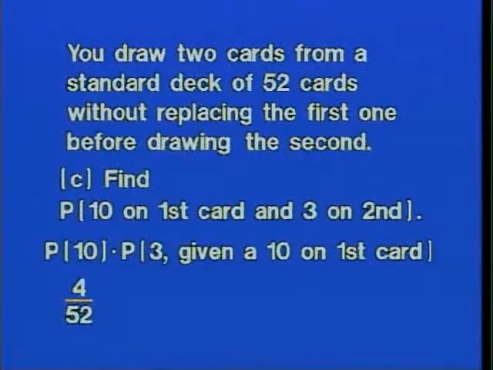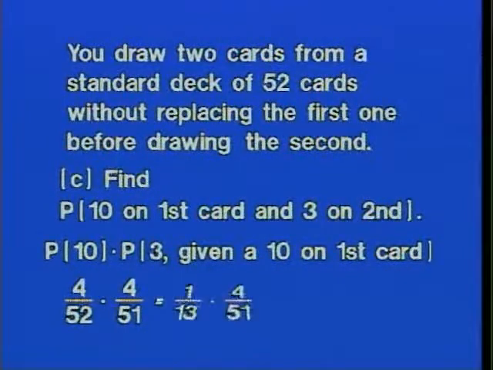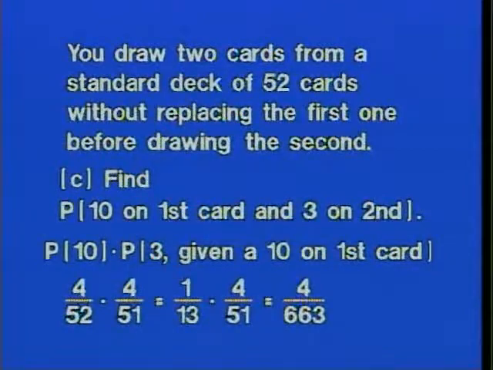The probability of drawing a 3 given that a 10 appeared on the first card is, well, let's see, there are 4 3s in the deck, but now the deck only holds 51 cards, so it's 4 out of 51. And once again, we reduce and then multiply straight across and get the same probability number that we had before.